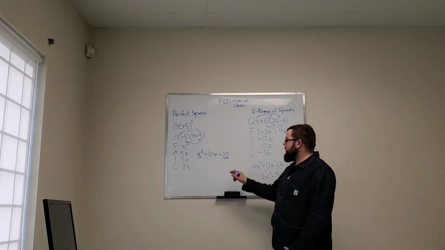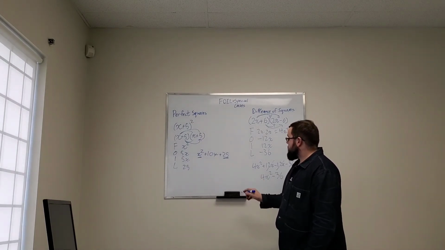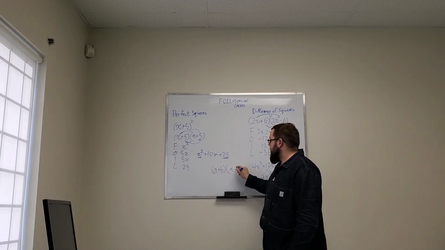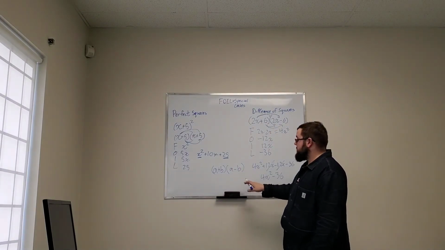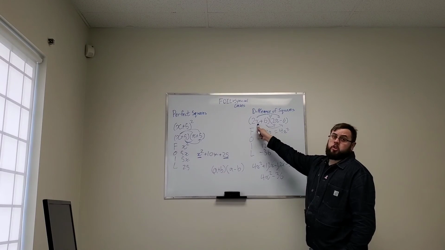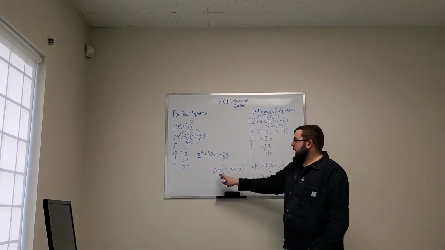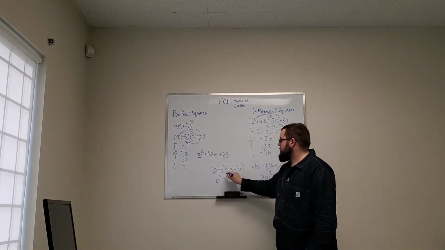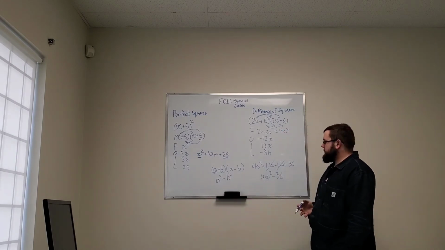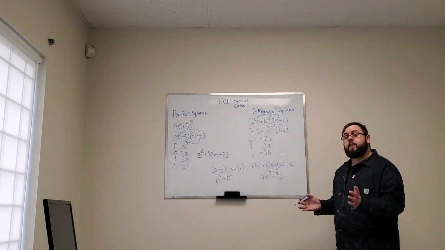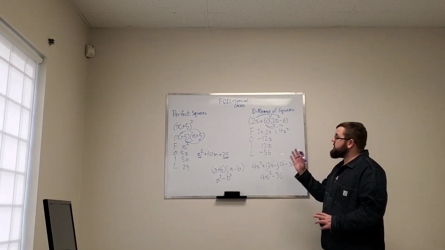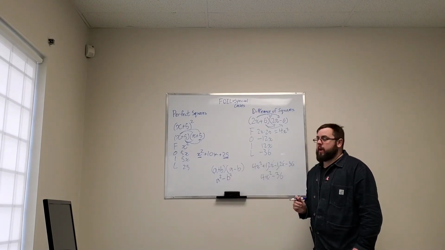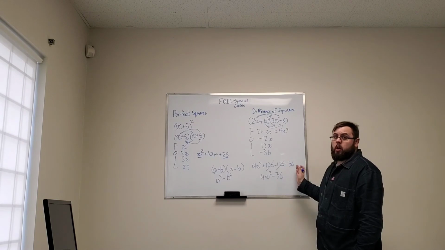If we have a difference of squares problem, which says a plus b times a minus b, whatever a is, whatever b is, up here we can see that a would be 2x, b would be 6. A plus b times a minus b, we will always end up with the answer a squared minus b squared. You can see how these could be kind of tricky, or sometimes you can get them mixed up. They're very similar. There's one little difference, but you're missing a whole center term and it's negative. So this is a difference of squares problem.